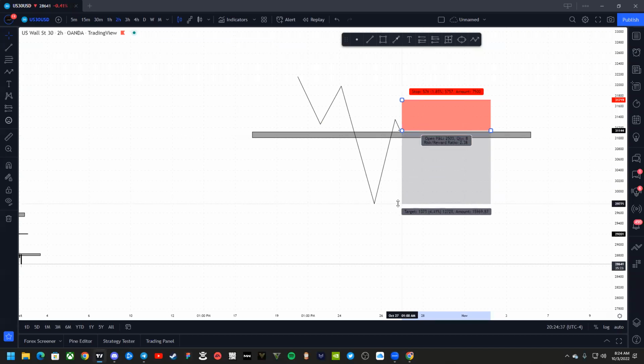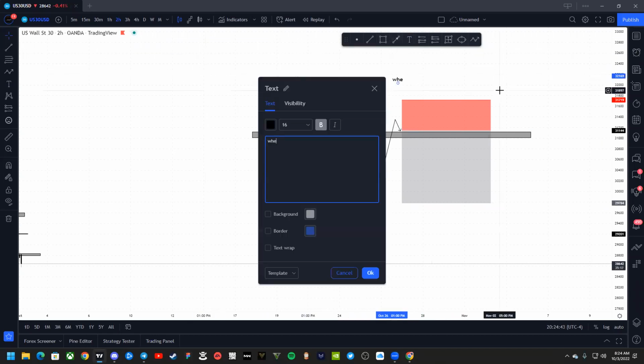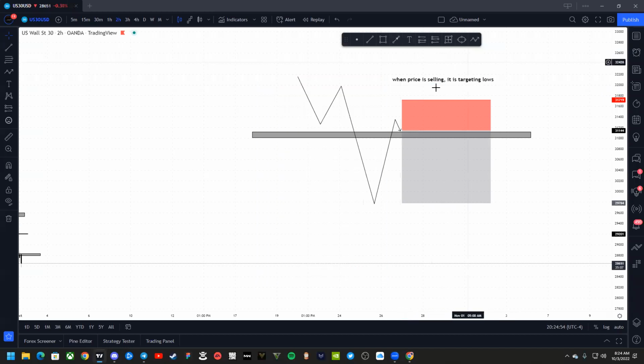And you will be targeting this low. This is the key part. You have to be targeting this low because when price is selling, it is targeting lows. So when you sell and you're under a low, that's already one: price is breaking lows again, indicating that price is selling.